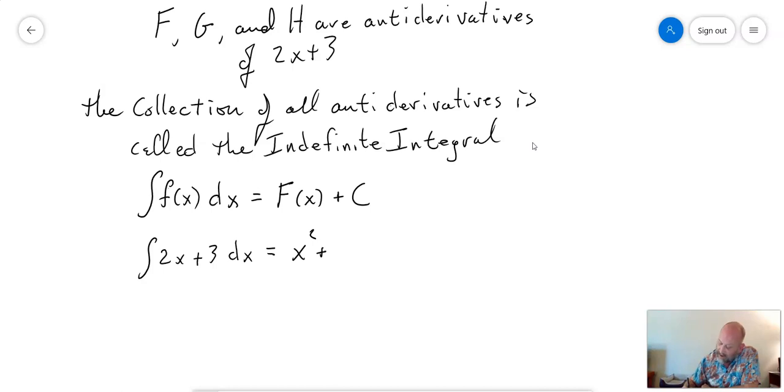And it's definitely going to have a 3x in here. But I don't know what that constant term might have been. It could be a 0, which means I'm done right now, or it could be some other number. But I have to account for it by putting a plus c, just so that we know that constant is there. Right, so whenever I'm taking an indefinite integral, you always have to put a plus c on there.